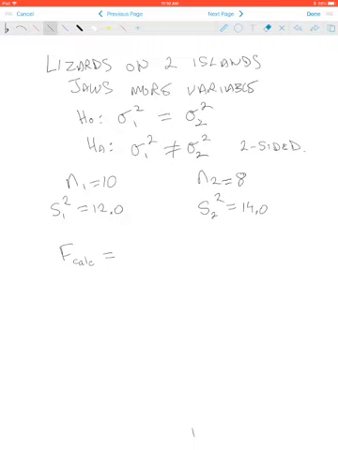And for a two-sided test, it's really very simple. You simply estimate the two variances, put the larger variance in the numerator, and divide that by the smaller variance, which you stuff into the denominator. Whoops, the smaller goes in the denominator over here.